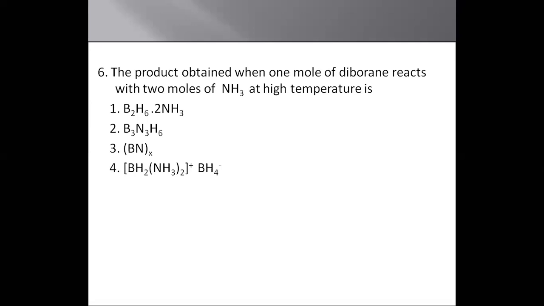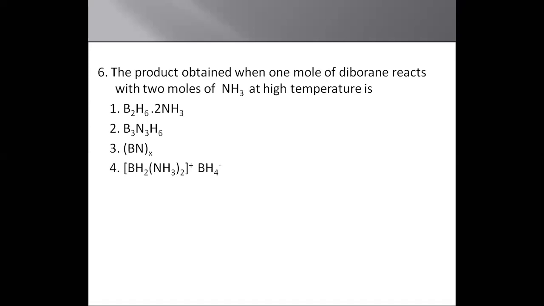But here, the second part of the question, you can see, is at high temperature. Whenever it is at room temperature or normal temperature, adducts are formed, that is, options 1 and 4 are absolutely correct.